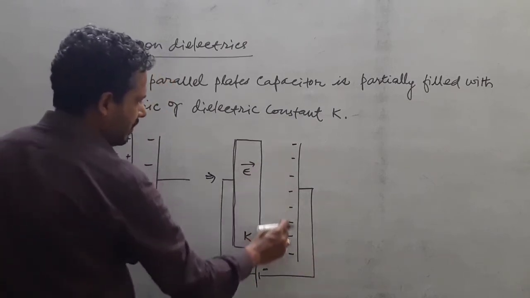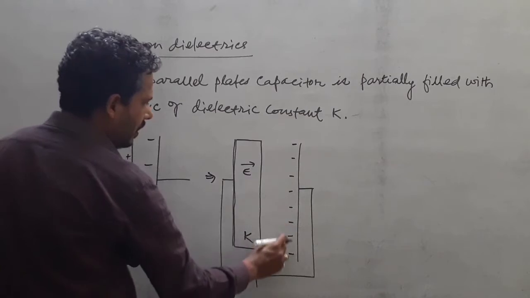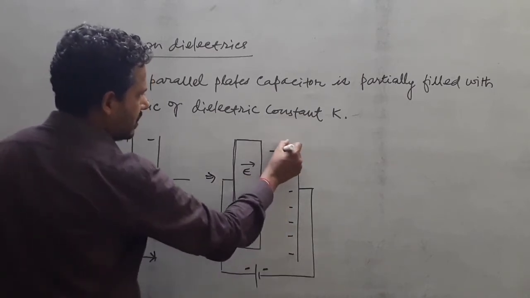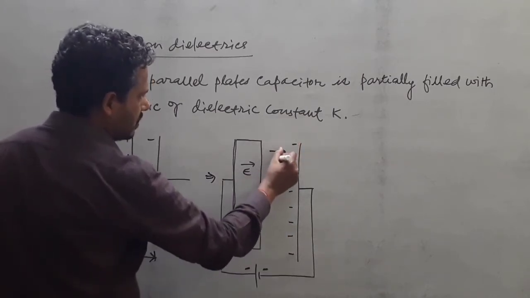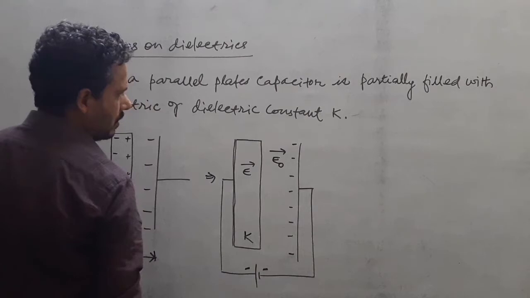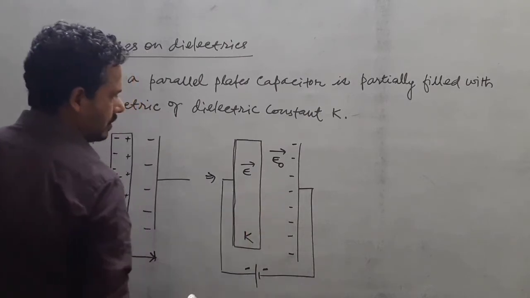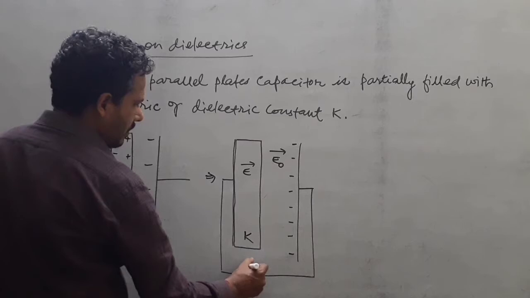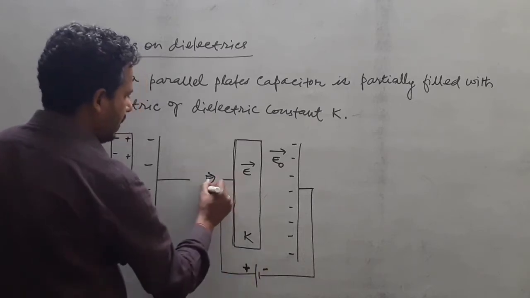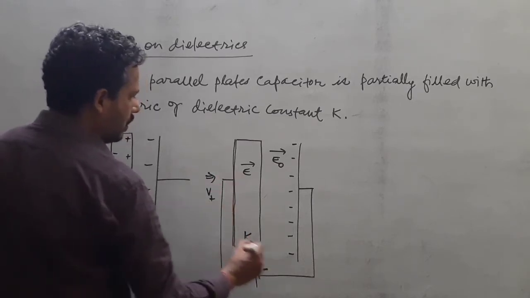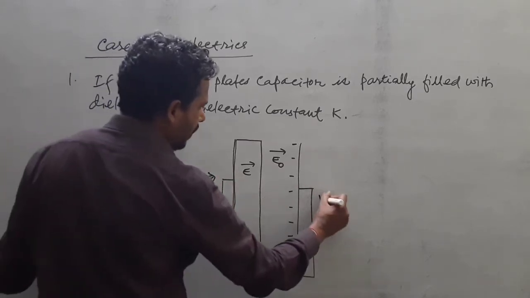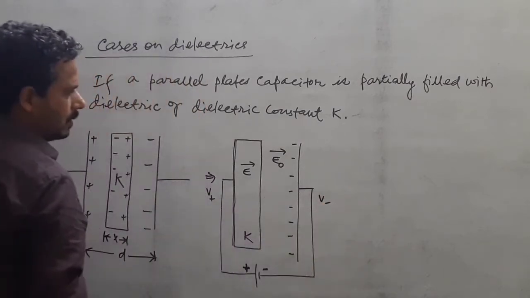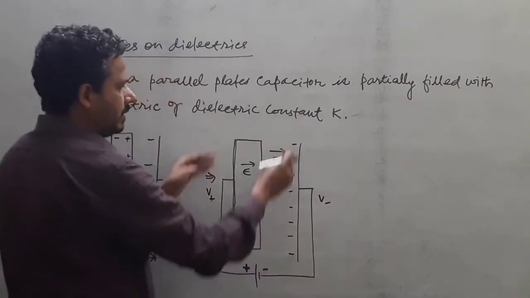So in this free space, the direction of field lines is also in this direction, and we suppose it to be E naught. Because this one is a positive terminal, the potential here is positive and here is negative, so there is a potential difference between the plates.